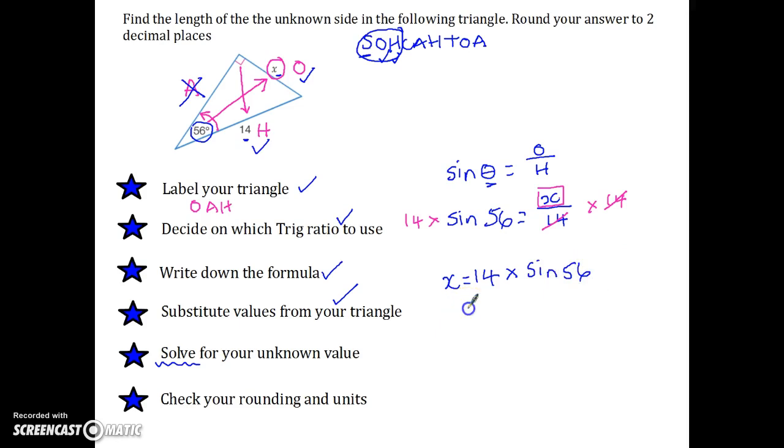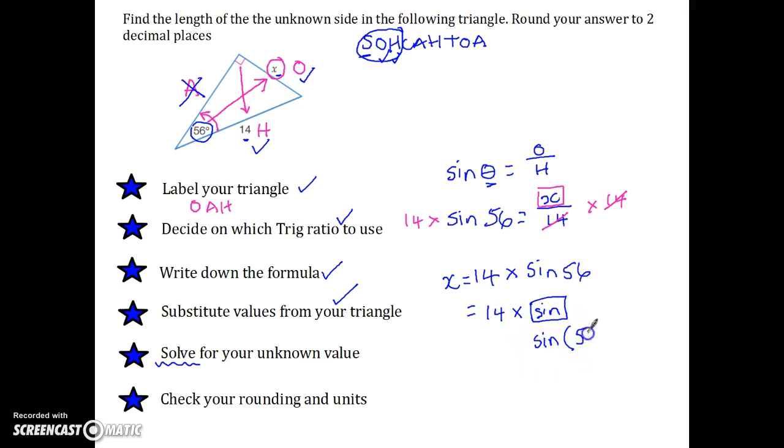And you need to go to your calculator now. Now you key this in exactly as it appears on the screen here. So 14, I'll give you a chance on your calculator, have a go. Key in the 14 and the times, your sine button. Now you'll notice when you do that, if on your calculator you do 14 times and then you press the sine button, it will automatically come up on your screen with sin and open a bracket.